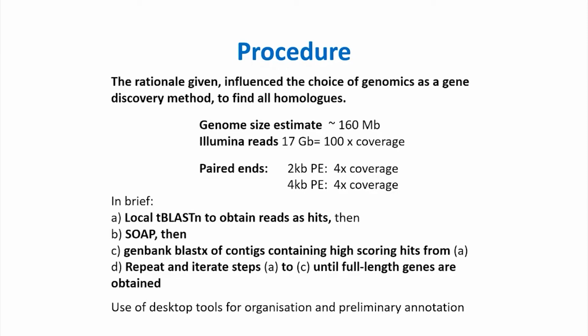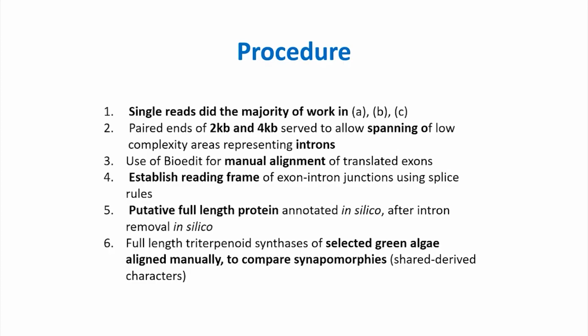And then we did some SOAP assembly, then GenBank BLASTX of all the contigs that we obtained to figure out which were squalene synthase homologs, which were not, and then iterate, align with tools like BioEdit. So single reads did the majority of this work, but I've explained what the paired ends were for.